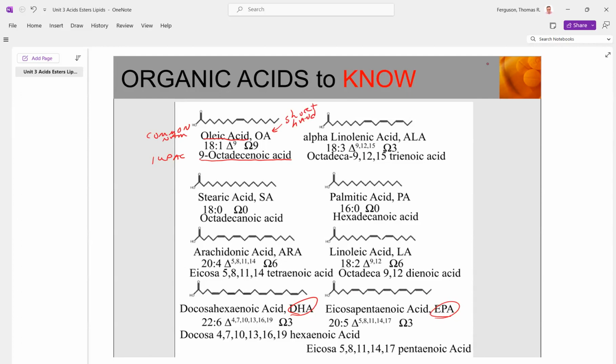They have a shorthand way of writing it, OA, for oleic acid. This is the delta. And that's the omega.